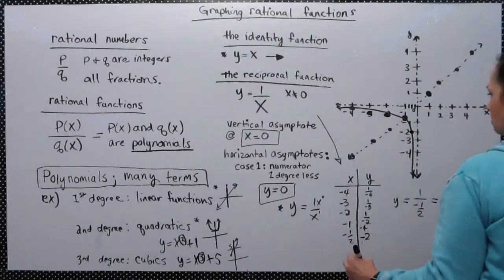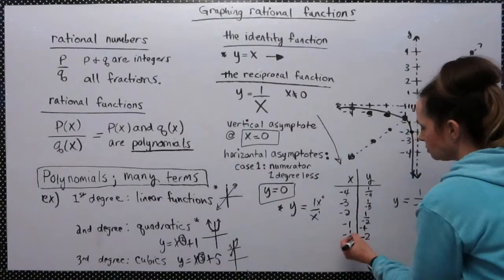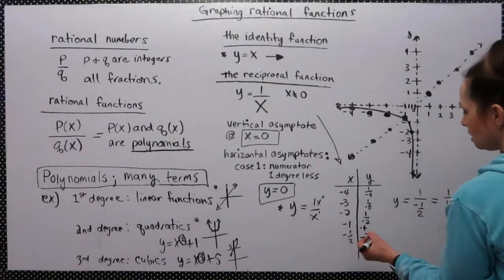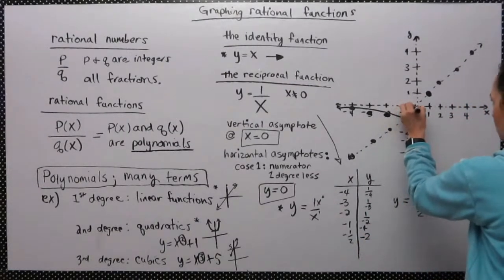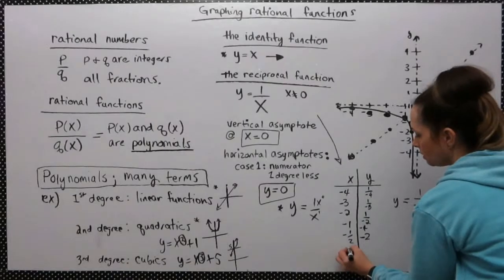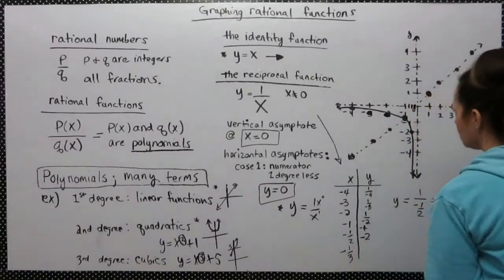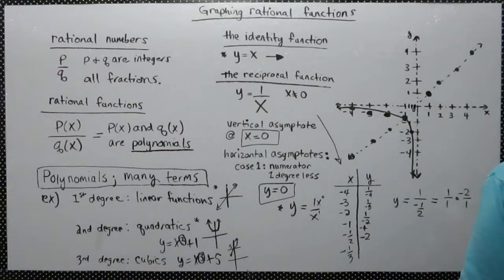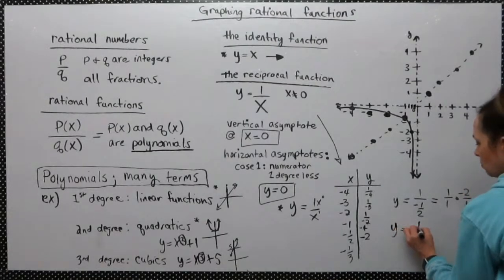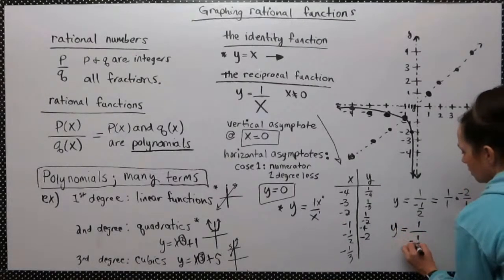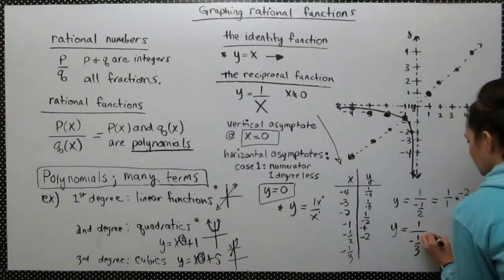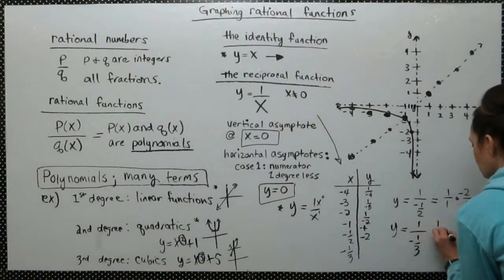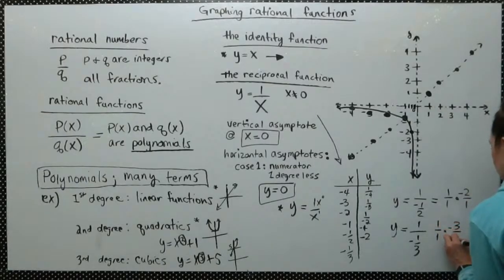And let's try to do some more of these points. What about a little bit further over from 1/2, -1/3. It'd be the same situation, where you're plugging in y equals 1 over -1/3. So that's going to be 1 over 1 times -3 over 1.